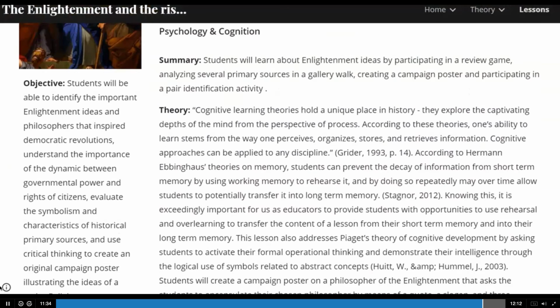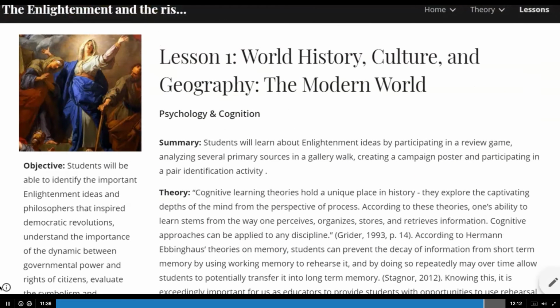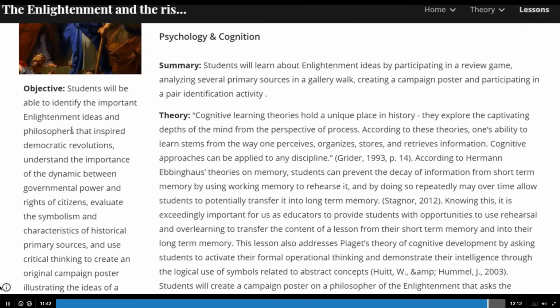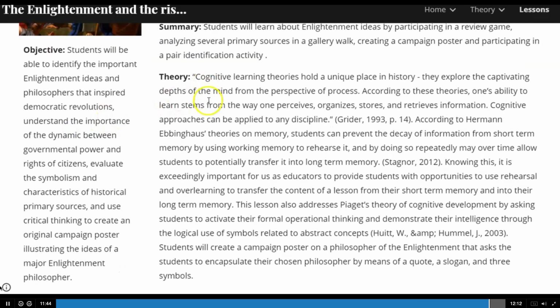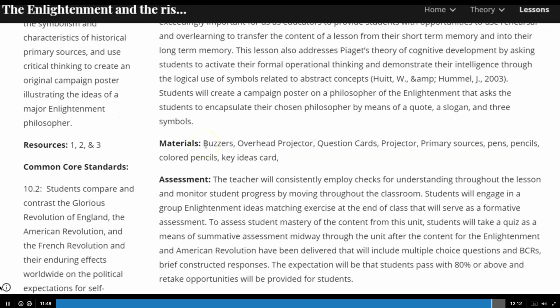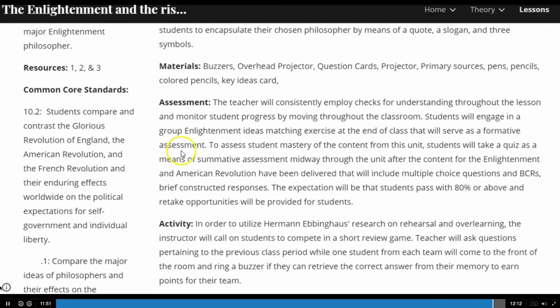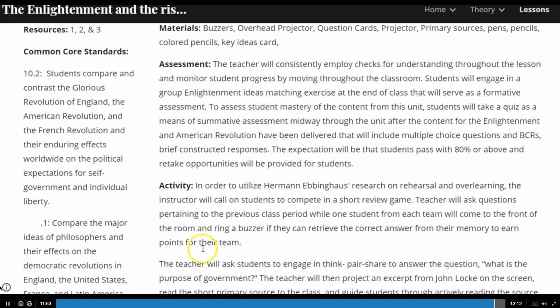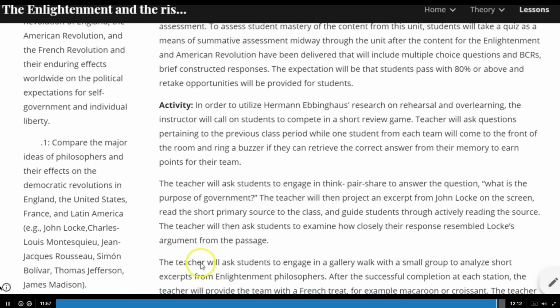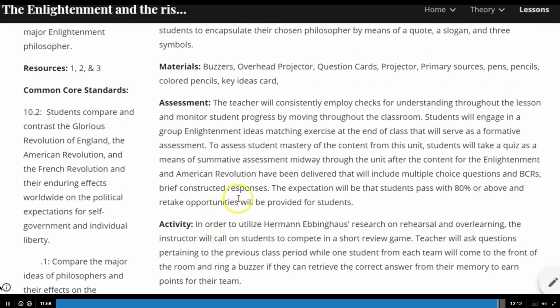Here you will find the lessons for each of the 7 weeks, along with the summary, the objective of the lesson, and the theories that guided our lesson plan. We also provide you with a list of materials and the activities that should be participated in by the students, along with a brief description of how one can assess the learning.